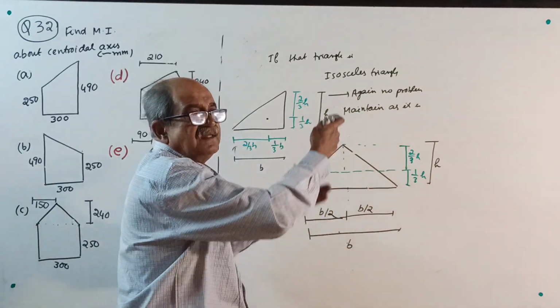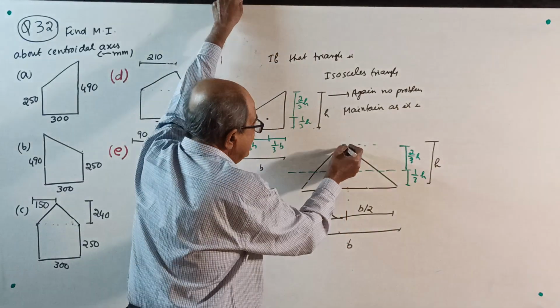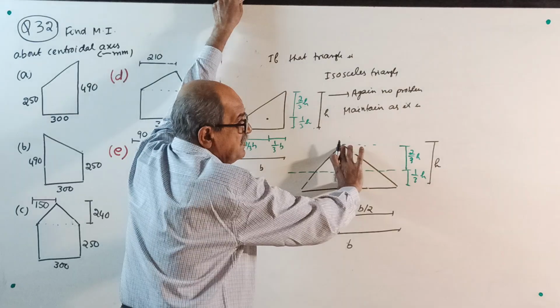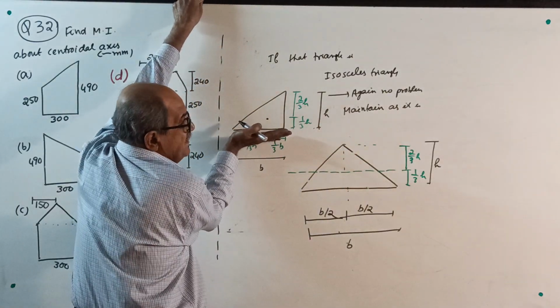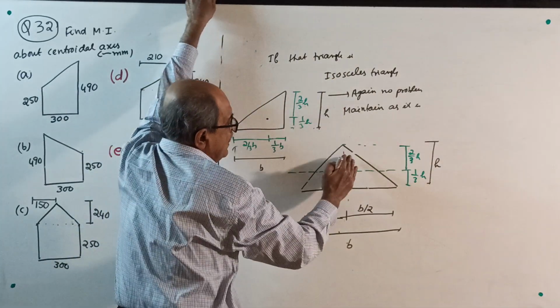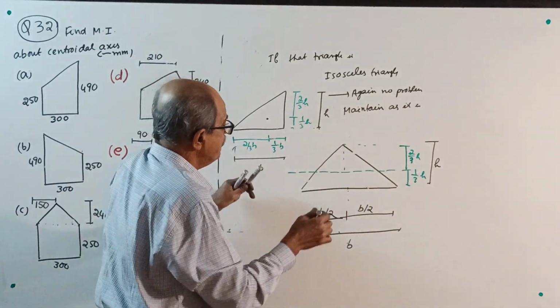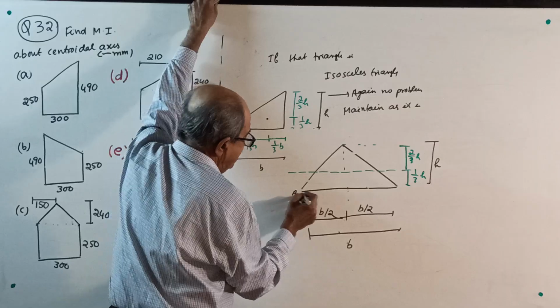Now, this way, there is no base. See, this is the base. This H cannot be taken as base because once this is the base, the height is half of this side. Or you can just make a small note here. A, B, C, you write here.